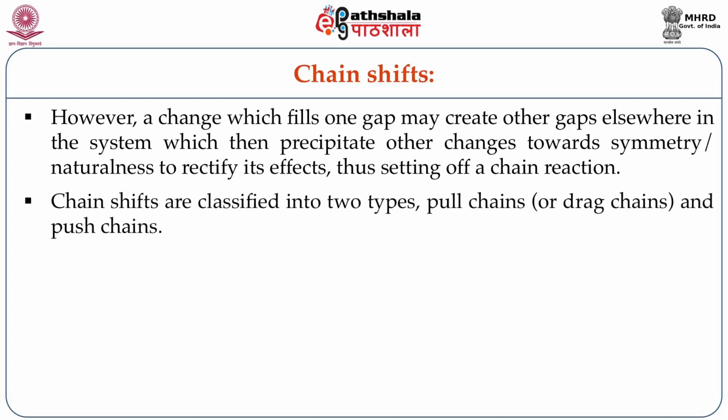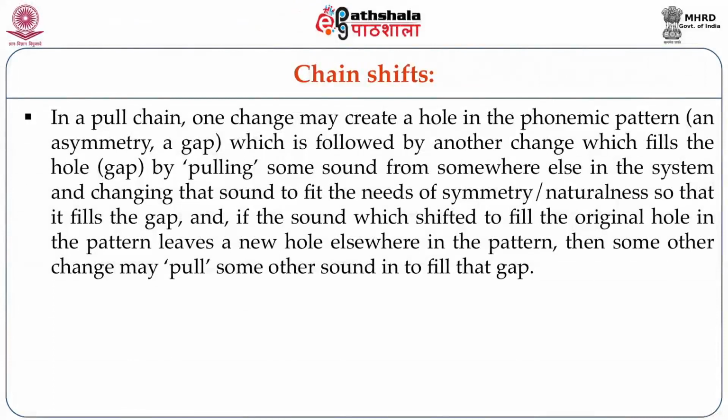Chain shifts are classified into two types: pull chains, also known as drag chains, and push chains. In a pull chain, one change may create a hole in the phonemic pattern, that means create a gap or an asymmetry, which is followed by another change which fills the hole, that particular gap, by pulling some sound from somewhere else in the system and changing that sound to fit the needs of symmetry or naturalness so that it fills the gap.